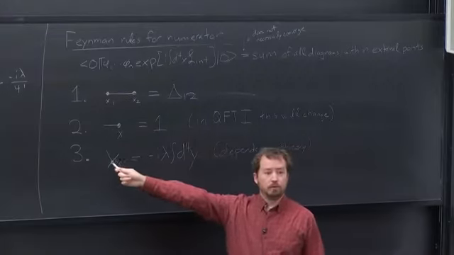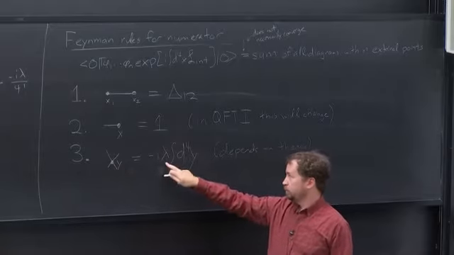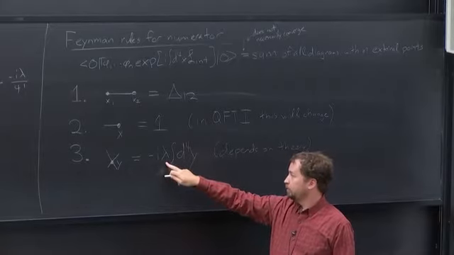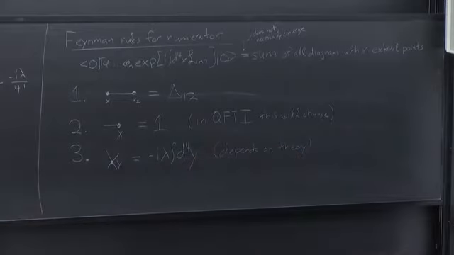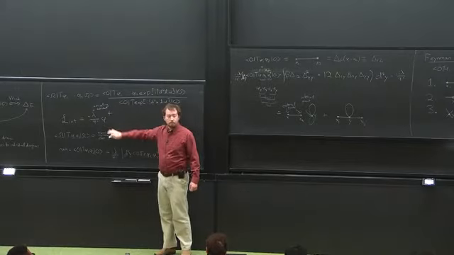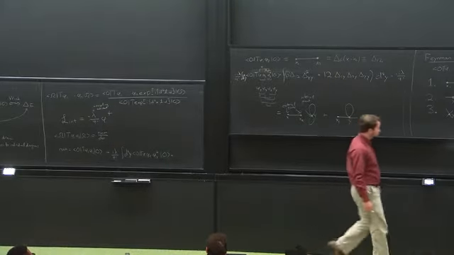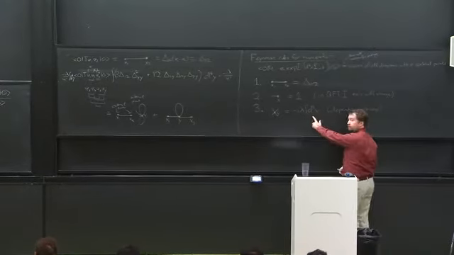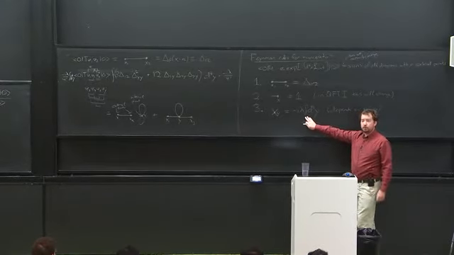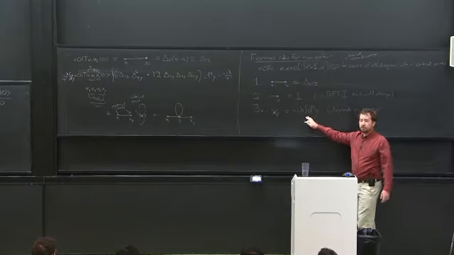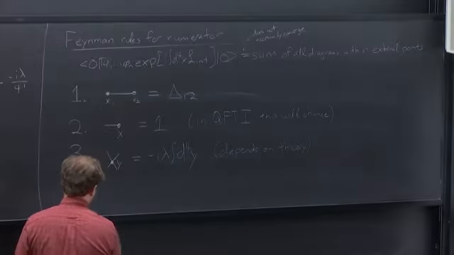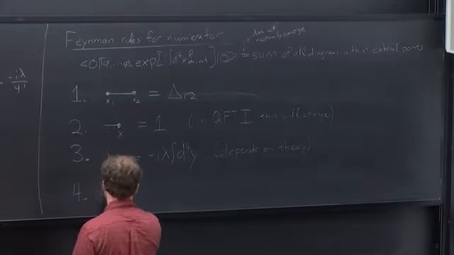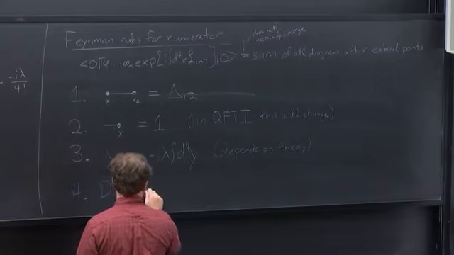Which vertices are allowed, and what the coupling constant associated with each vertex will be, depends on our choice of theory, or in other words, our choice of interaction Lagrangian. So this rule is specific to phi-4 theory. We'll consider other examples in this course and future courses. And our last rule is to divide by the symmetry factor.